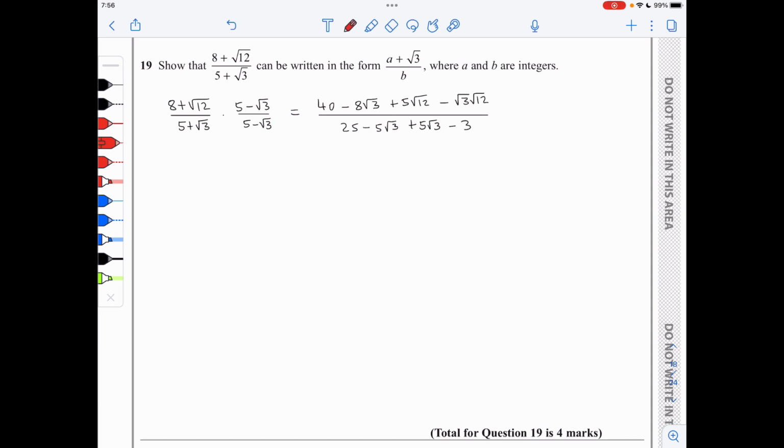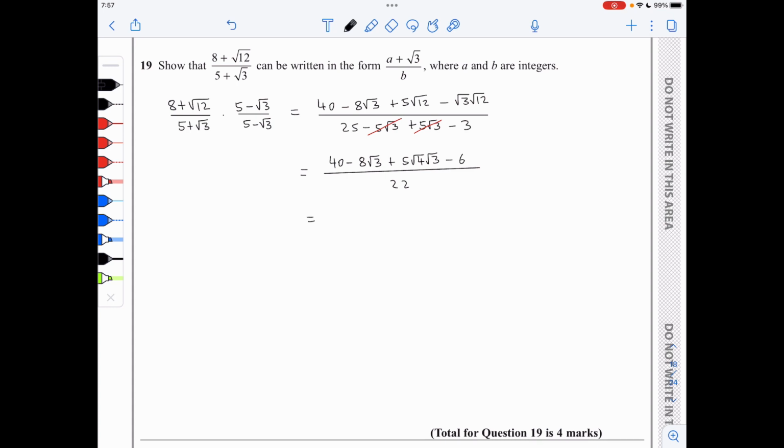Now in the denominator, the minus 5 root 3 with the 5 root 3 go away. So I'm left with a 22 in the denominator, and then in the numerator we've got 40 minus 8 root 3 plus 5 root 4 root 3. And then root 3 times root 12 is root 36, which is just 6.